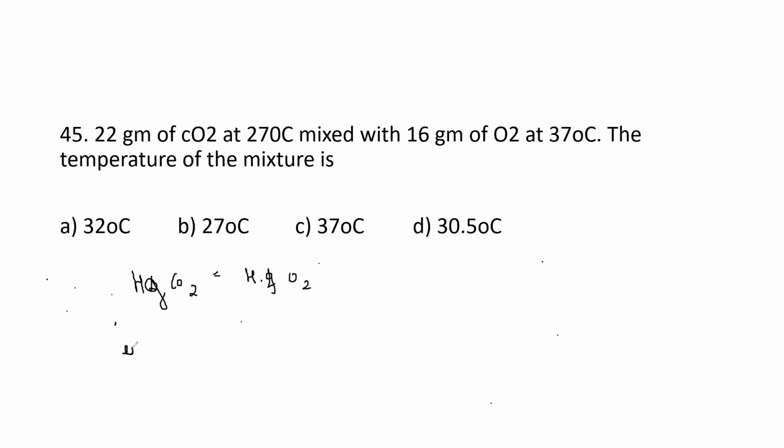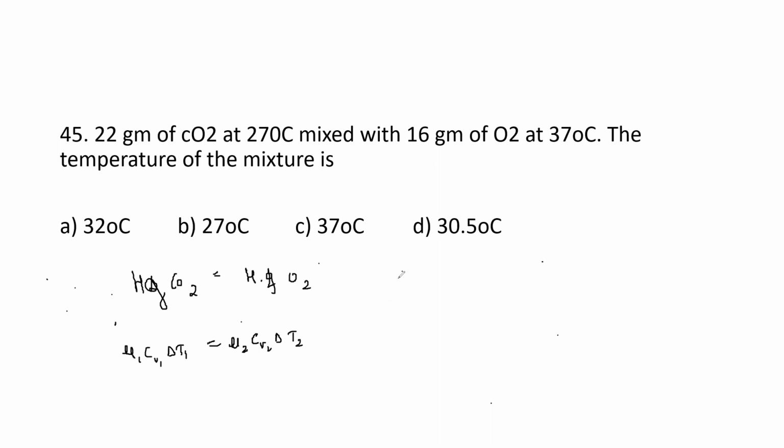So here this equation is: mu 1 CV1 delta T1 is equal to mu 2 CV2 delta T2. Substitute all the values now.